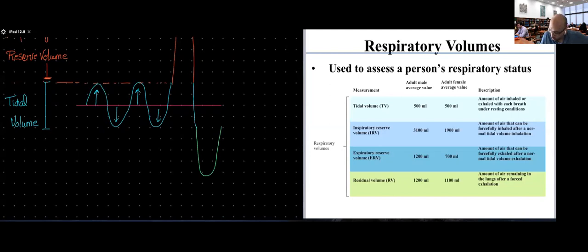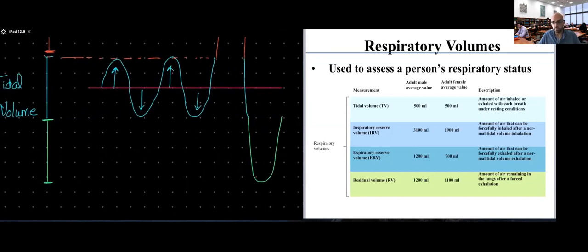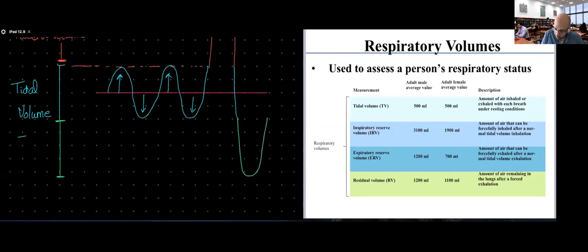So what do we call this amount of air that I can move out beyond the tidal volume? This is my reserve that I can exhale. So we call this my expiratory reserve volume.